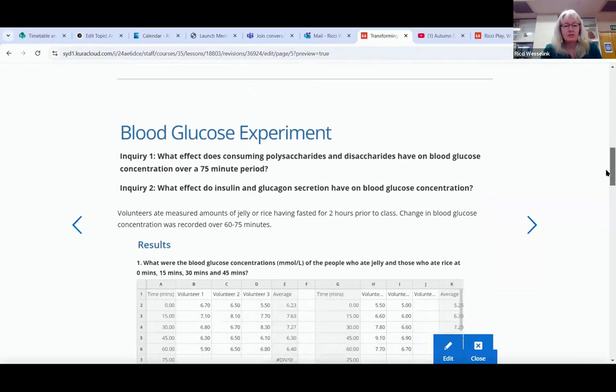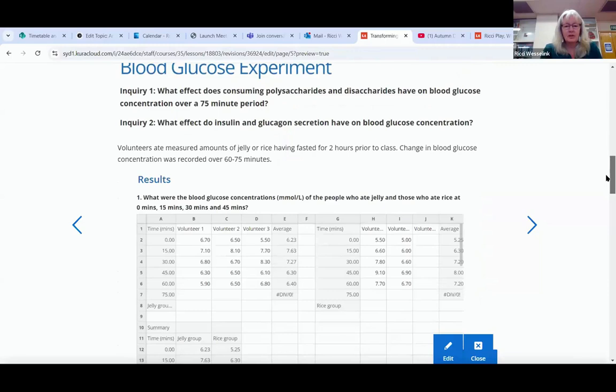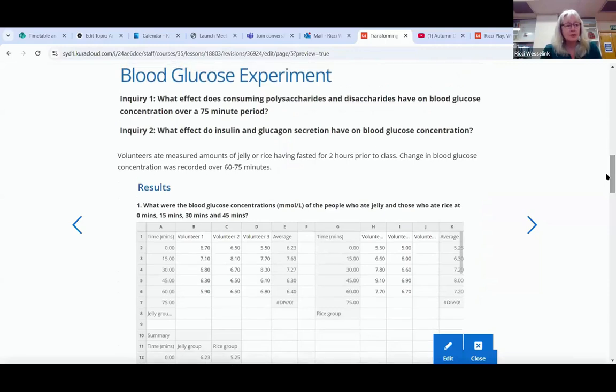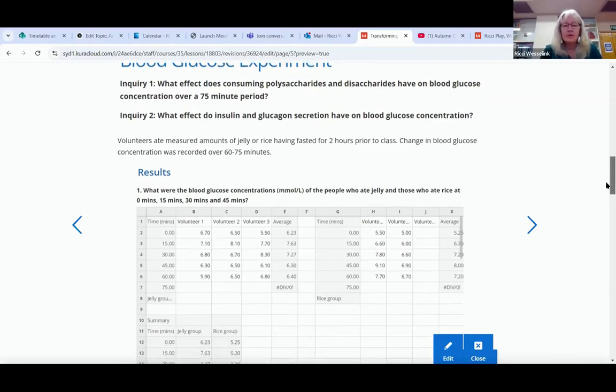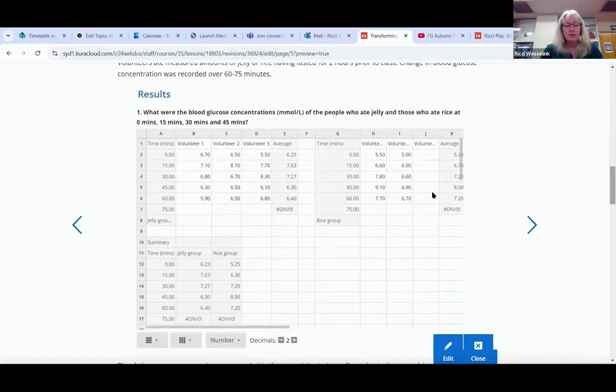And one of the features that I really enjoy is their ability to take biological readings or measurements and then put them into a table. So here we're looking at a blood glucose experiment where we've got volunteers who haven't eaten for 2 hours before class, or they can drink water. And then we take their blood glucose measurement, and then we give them either jelly or rice.